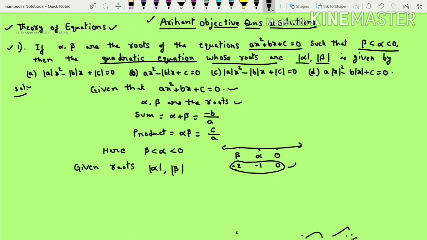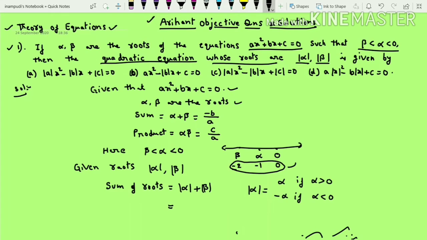We can write the sum of these roots equal to mod alpha plus mod beta. What is mod alpha? Mod alpha equals alpha if alpha greater than 0, and minus alpha if alpha less than 0.